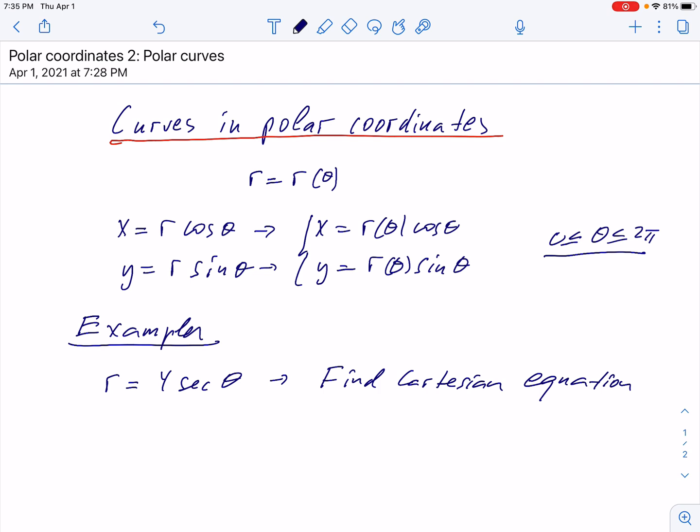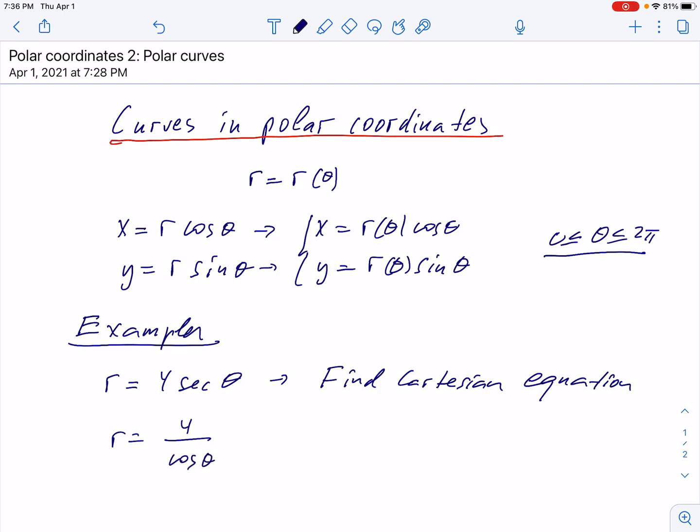So we have to eliminate r and theta using the equations for x and y. Well, here we can write the secant in terms of cosine, because the relation between x and y, r and theta, is cosine and sine. It's good to use cosine here like that.